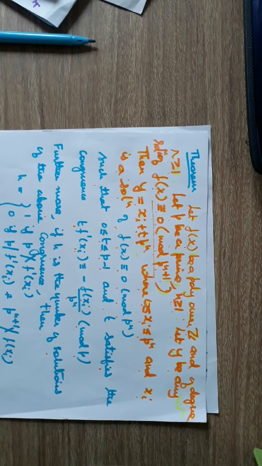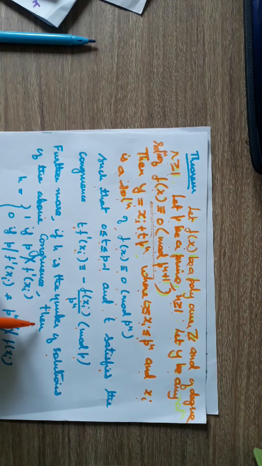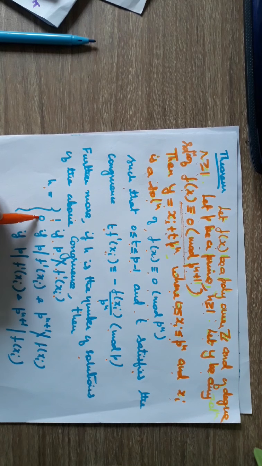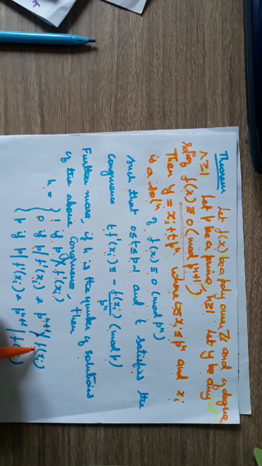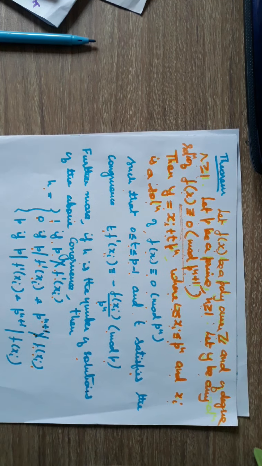Furthermore, if h is the number of solutions of the above congruence, then h will be equal to 1, meaning the solution is unique, if p does not divide the first derivative of f at the point xi. There will be no solution if p divides the first derivative of f at the point xi, and moreover p to the power n plus 1 does not divide the polynomial f at the point xi.